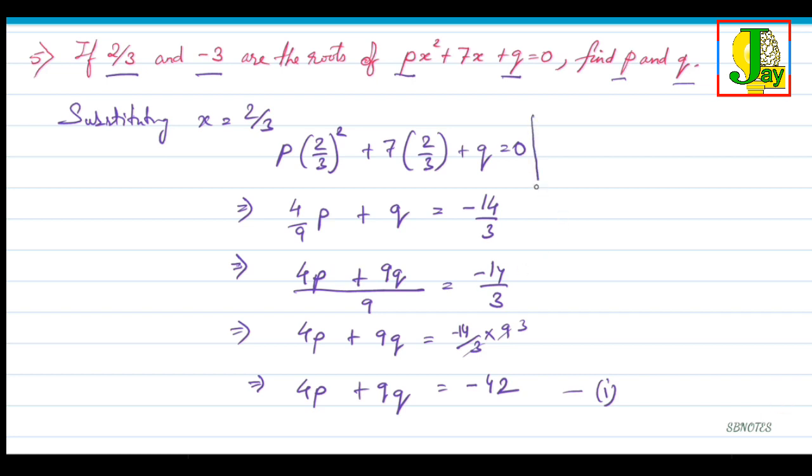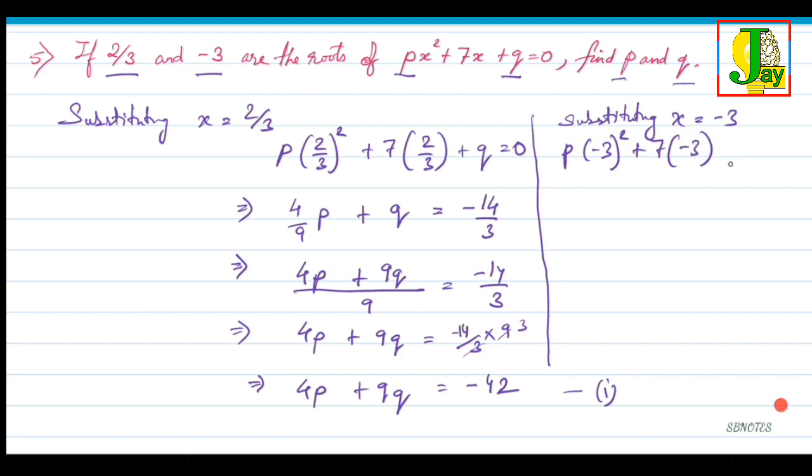For the second part, substituting x equals minus 3 in the equation, we get p into (minus 3)² plus 7 into minus 3 plus q equals 0.